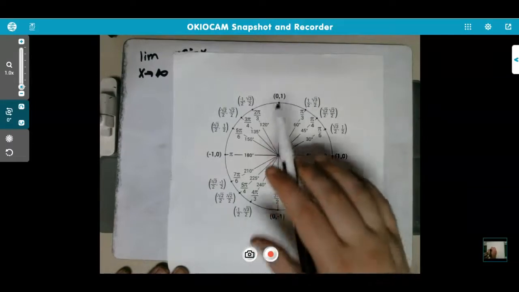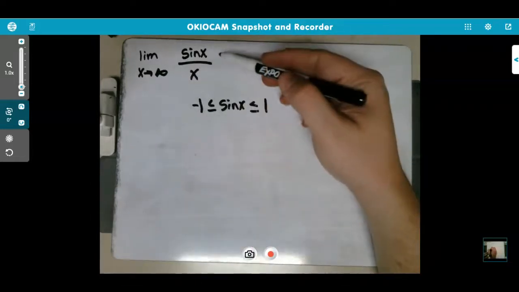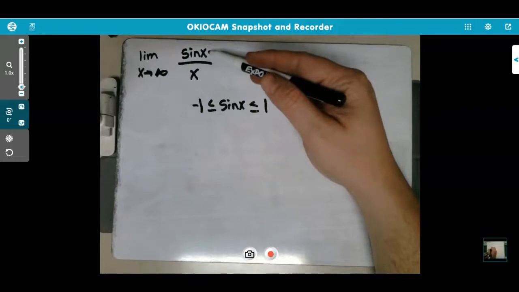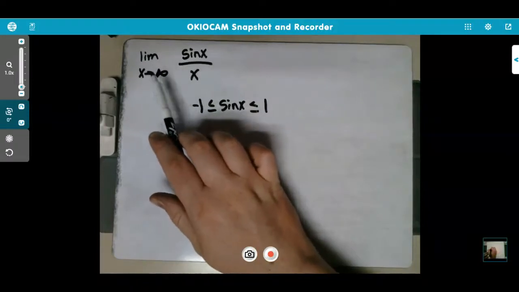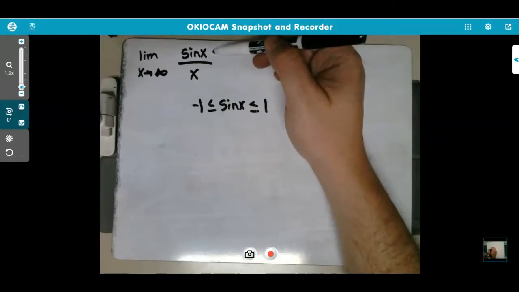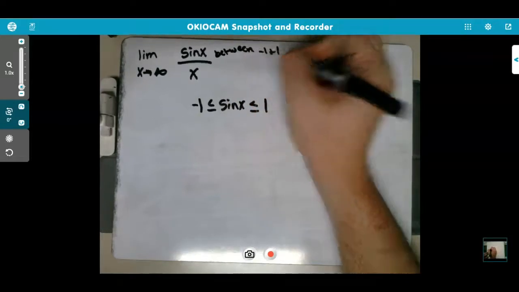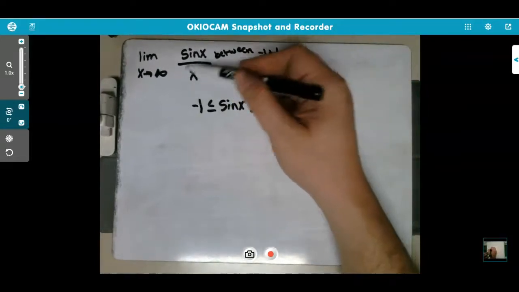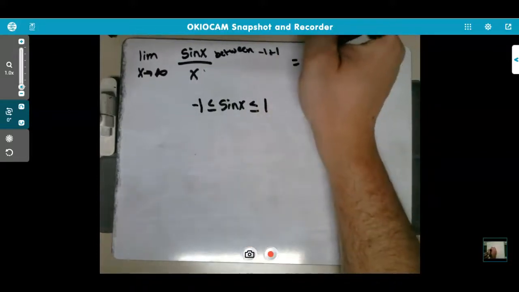It will always be between those, okay? So knowing that, we know the numerator does not grow pretty much at all because it's going to stay between two things. But the denominator, as we see right here, is going to get very large. So what I have then is something small, because this is going to be between -1 and 1, over something that's really big. So as we have seen, that's going to approach 0.